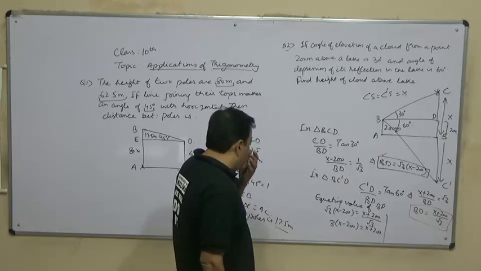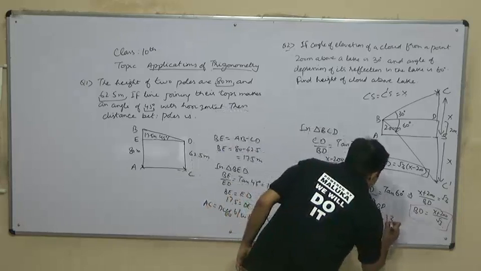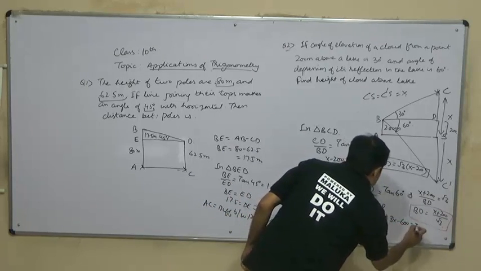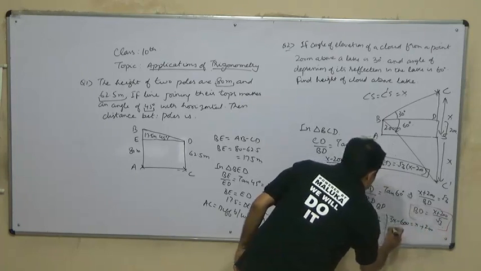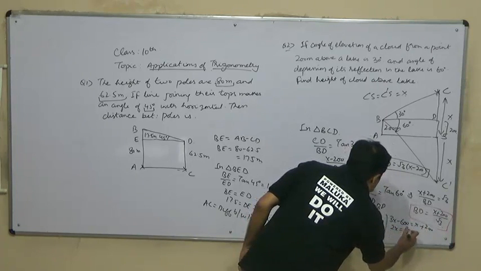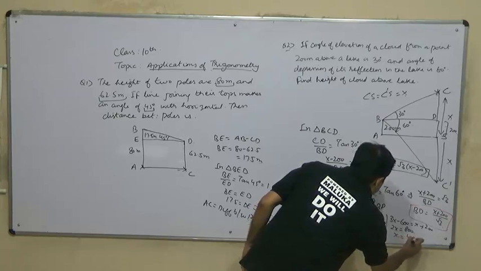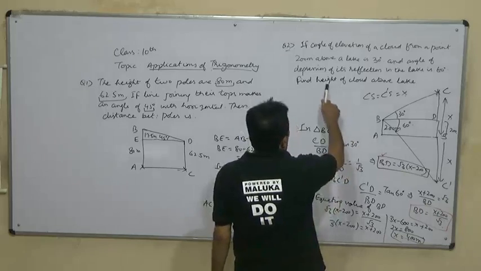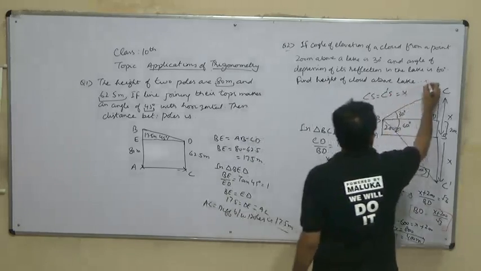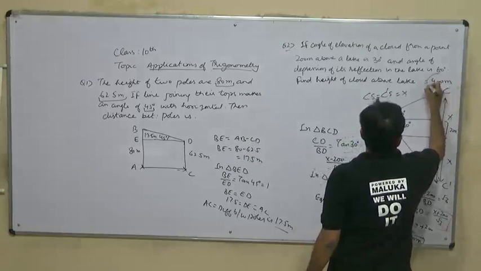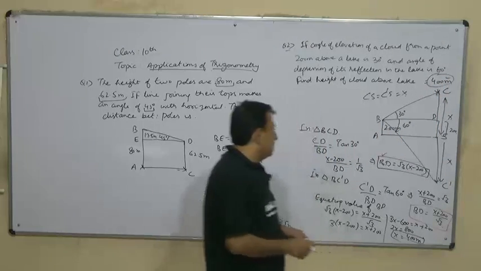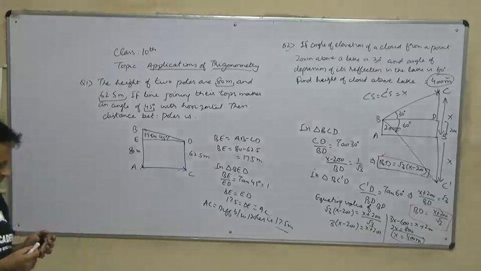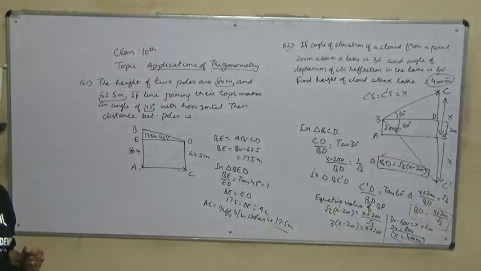So 3X minus 600 is equal to X plus 200. So 2X is equal to 800, X is equal to 400 meter. So the height of the cloud is 400 meter. This will be the required answer. Then we move to the next question, but before that we will rub this part.